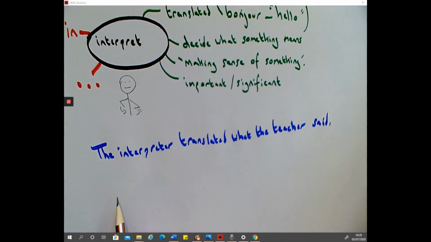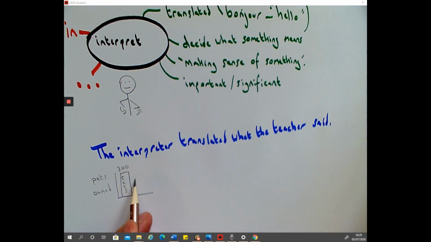in science or maths. Let's think about a graph like this. And this is a graph about pets and pets that are owned. So maybe you ask around school and 300 people have a pet cat. But only 200 people have a pet dog. So 300 cats, 200 dogs.